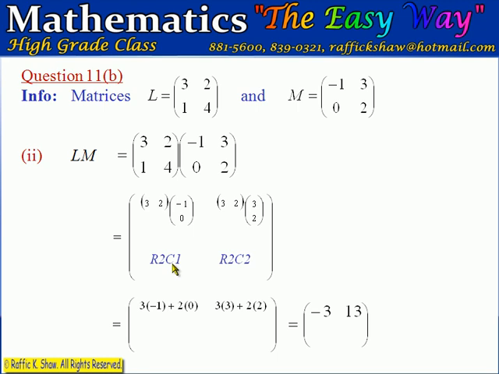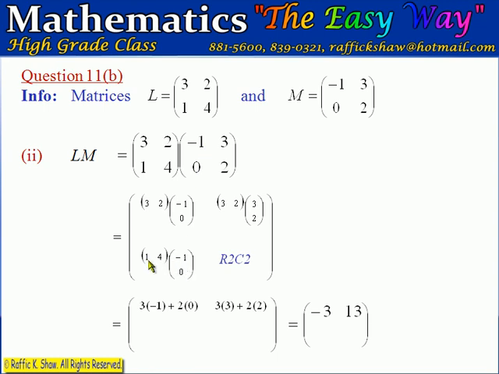Okay? And then this element is in the second row and the first column. Row 2, column 1. So it means we multiply this second row by this first column. So let's show the matrices here. So we are multiplying 1, 4 here with negative 1, 0 here.